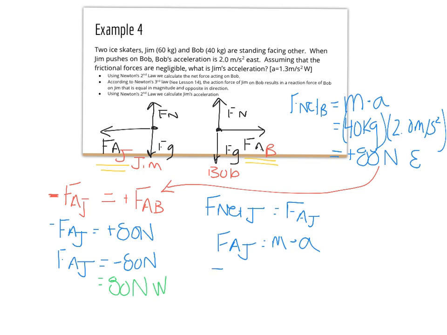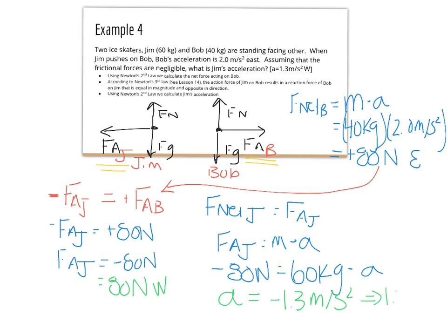So, negative 80 newtons is equal to his mass, which was 60 kilograms, times his acceleration. We're going to solve for acceleration, and we get that acceleration equals negative 1.3 meters per second squared. And so our negative 1.3 meters per second squared translates to 1.3 meters per second squared in a west direction.